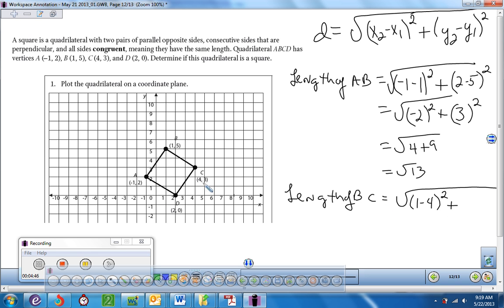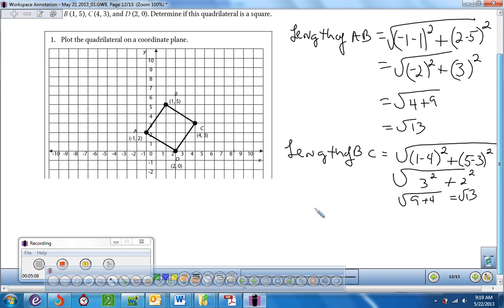Plus, let's go 5 minus 3, squared. Alright, so we end up with 3 squared here plus 2 squared. Okay, so we end up with 9 plus 4, which is the square root of 13. So far so good. So those two lengths are the same.